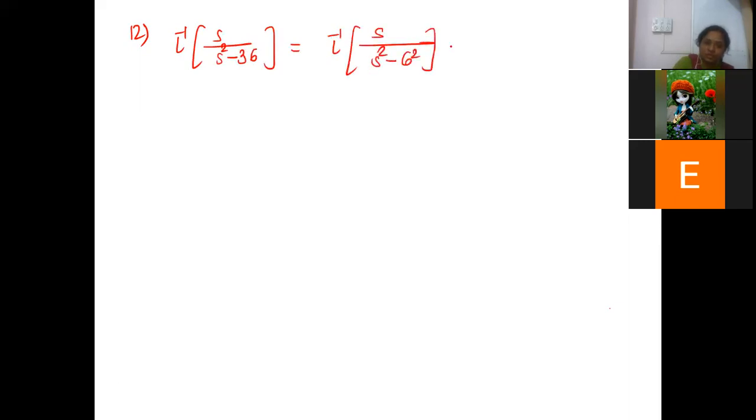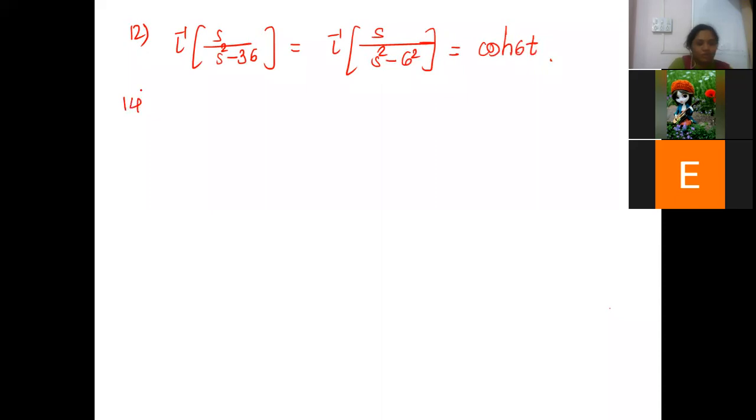Okay, the next question then. Number 12. Laplace inverse s upon s square minus 36. cos hyperbolic 6t. Very good. As there is a negative sign, you should always understand it is hyperbolic, and s above means cos, that is cos hyperbolic 6t.